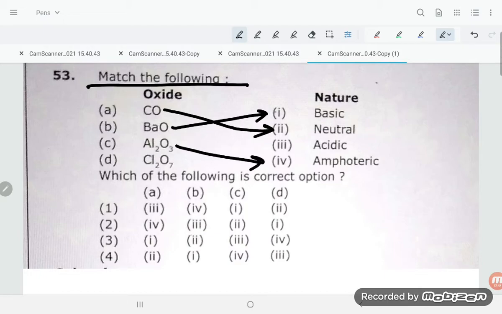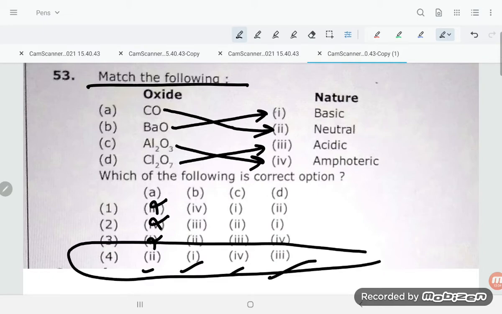Cl2O7, the oxide of a non-metal, is acidic. So first is going to be second, second is going to be first, third is going to be fourth, fourth is going to be third. The correct option is option number 4, student, that is the correct answer.